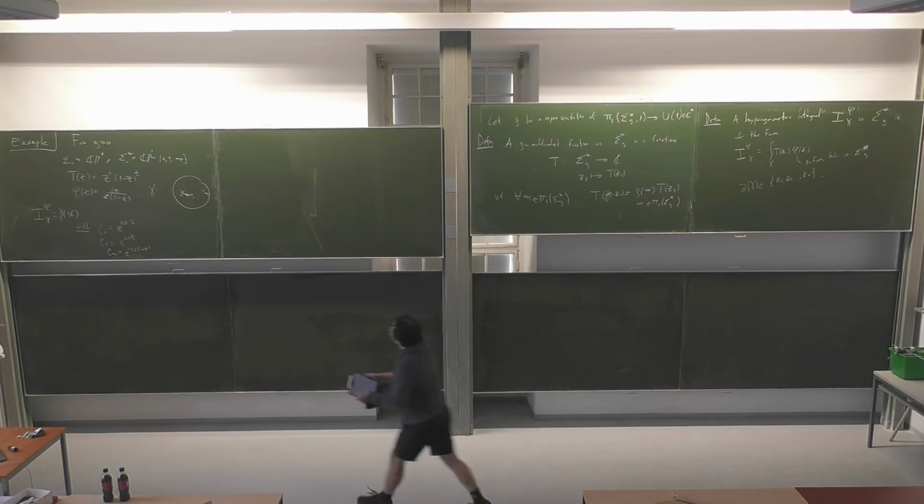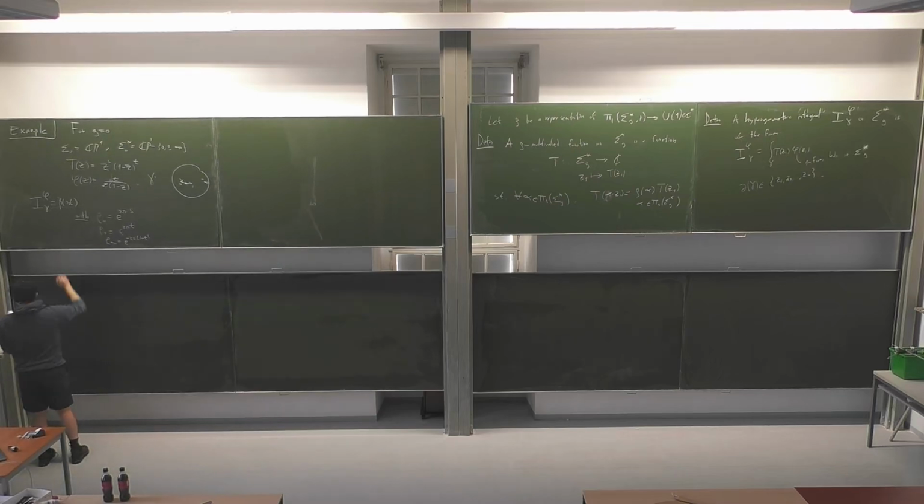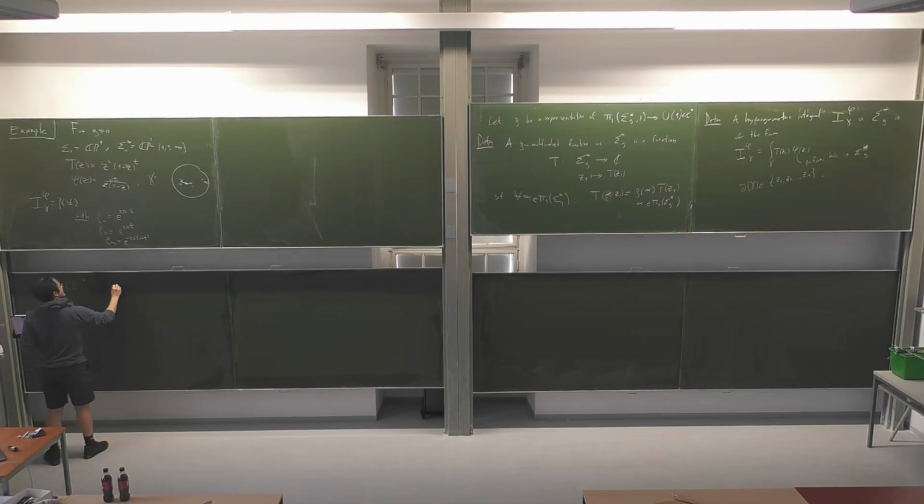Now we need some theory of functions and differential forms, and also some information about the fundamental group of a punctured Riemann surface. So now let's talk about the fundamental groupoid of a punctured Riemann surface. It has certain generators.